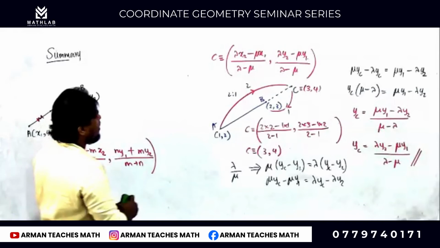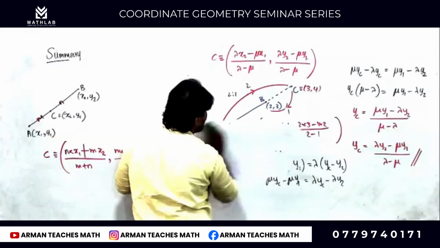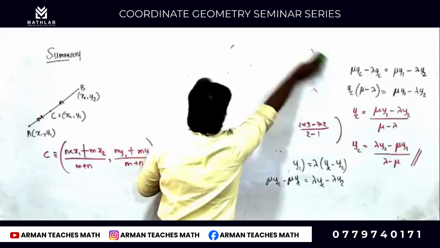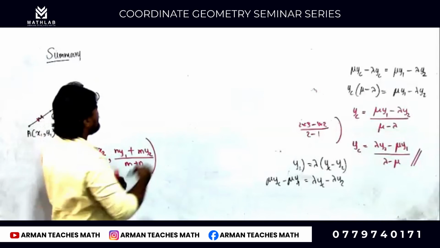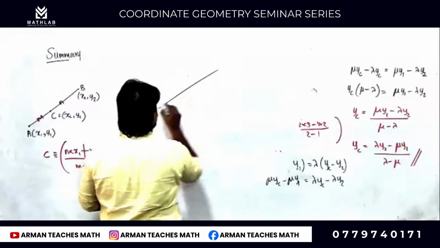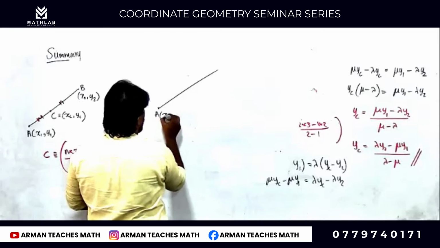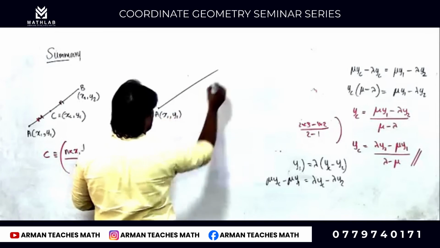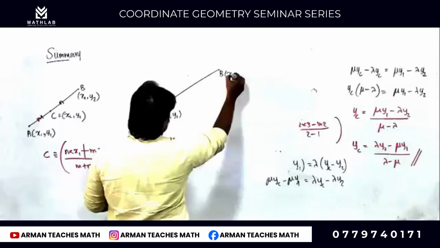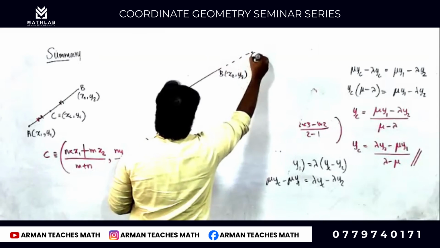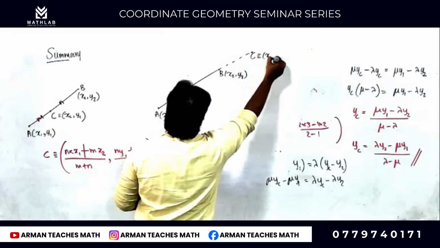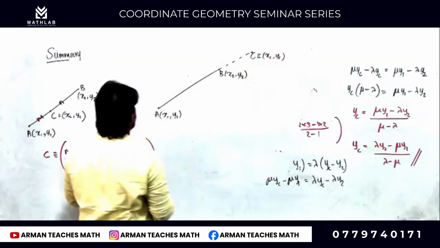Let's take the external division part. Listen now. Stop working and listen. There's a straight line segment AB. A is x1 comma y1, B is x2 comma y2. The external point is capital C. We have to find the coordinates of this one, xC comma yC.